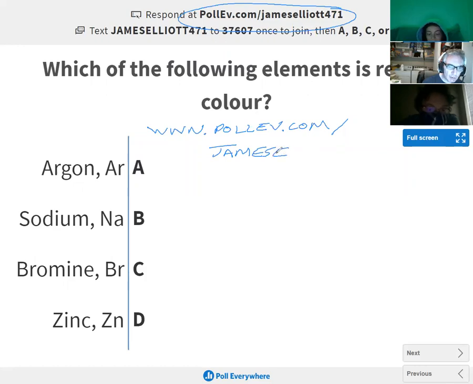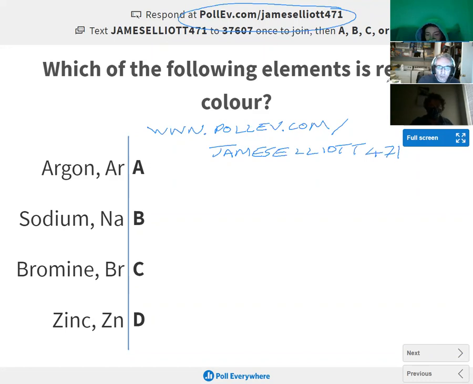It doesn't have to be capitals. I just have terrible handwriting. So www.pollev.com/James Elliott 471. Let me see, yep, it should be activated. You should see this right now.